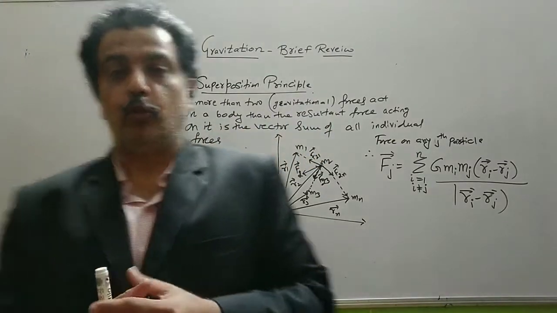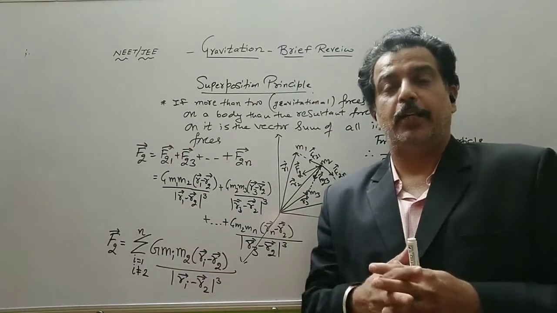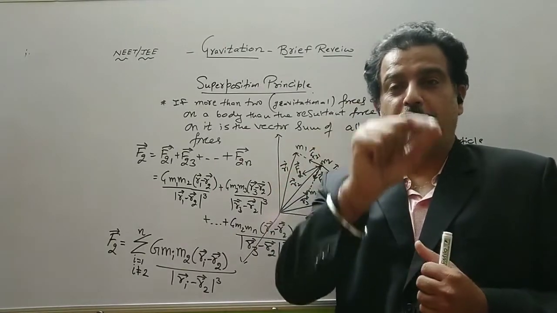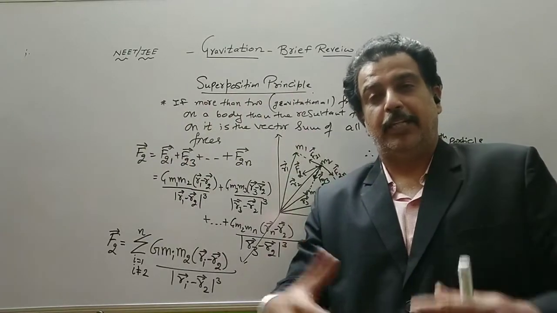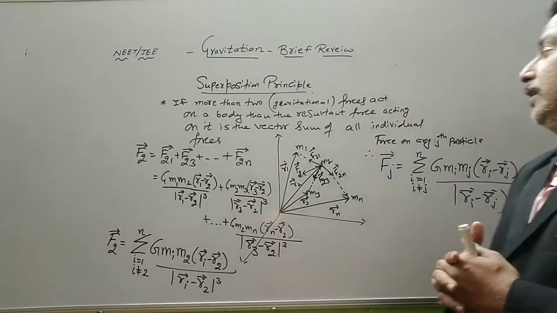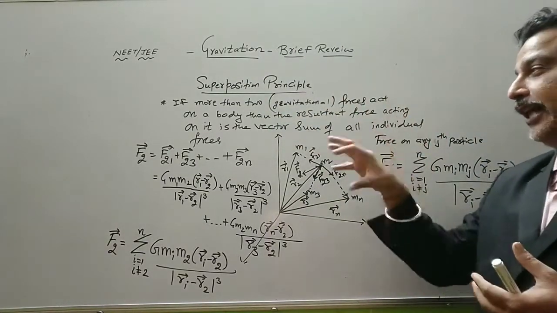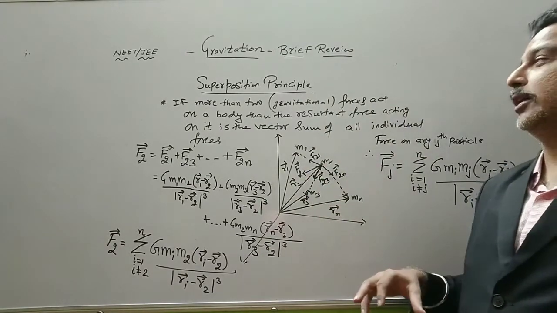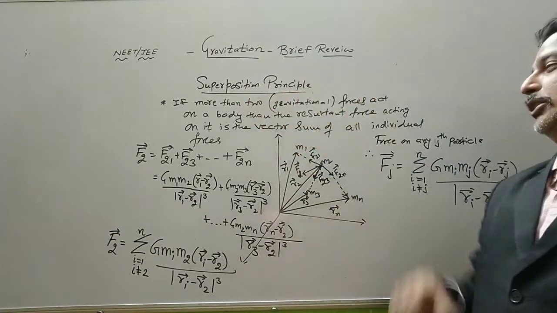If we consider two bodies in a system, then the force acting on an individual body is only one, that is, the force on 1 due to 2 and the force on 2 due to 1. But if there are more than two particles in the system, there are more than two gravitational forces, and all the forces will have different directions. So you have to do the vector sum of all the individual forces. That is the superposition principle.